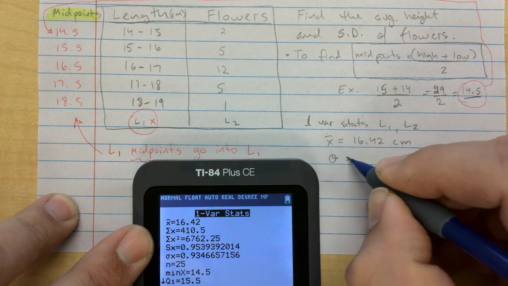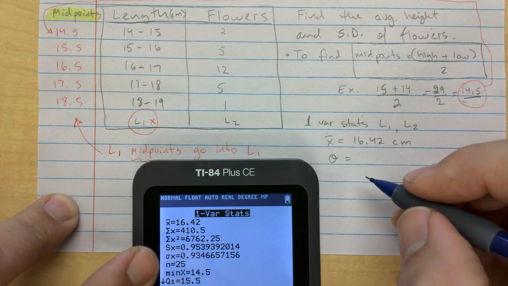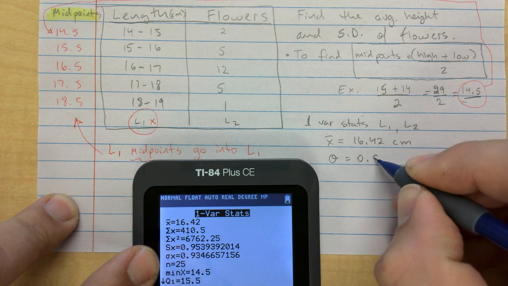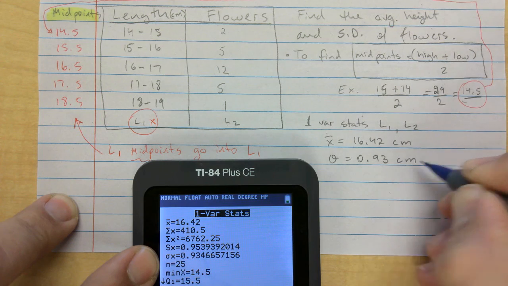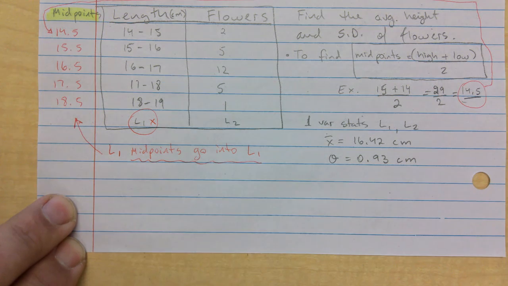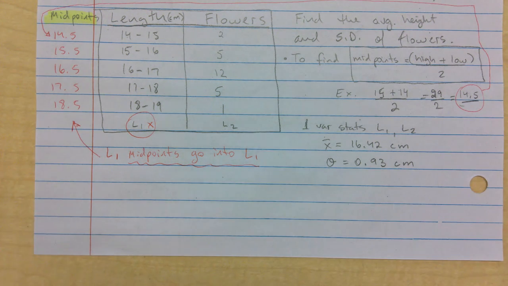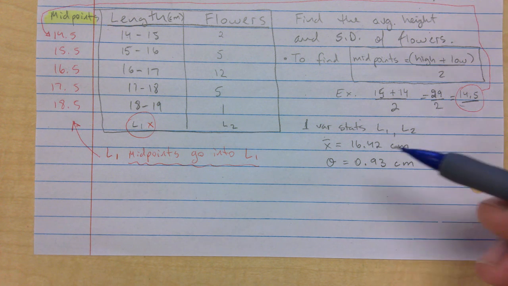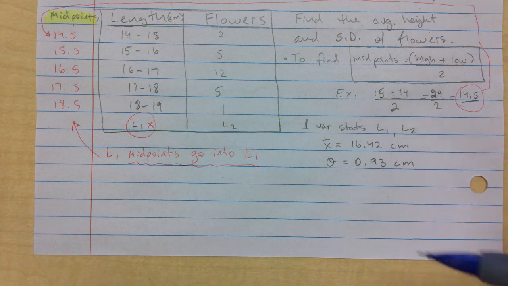And my standard deviation is 0.93 centimeters. And there you have it. That's all right now. Today, that's what we're focusing on. And then tomorrow we'll actually do this for two different flower shops. And let's use the standard deviation to help us out and talk about the consistency, right?